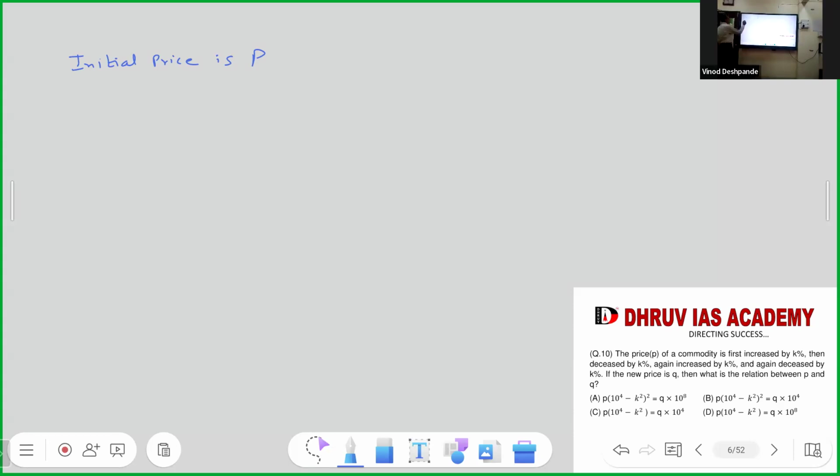So likewise, instead of 10, we use K% here directly. So a K% increase will lead the price to be P into (100 plus K) upon 100.